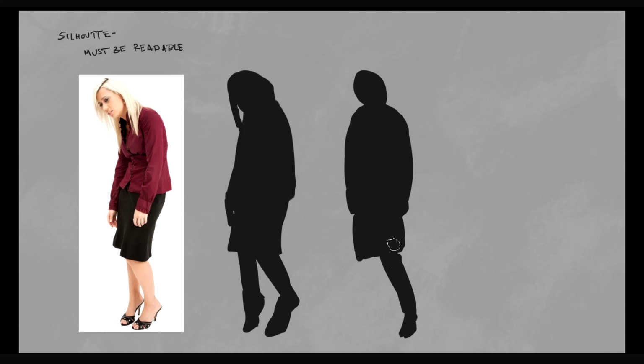But when I face her to the front or to the back, I do not know which side she is facing, if she is facing the front or the back. That is why the silhouette should be readable, because then you are able to read the pose very quickly, even from very far distances.